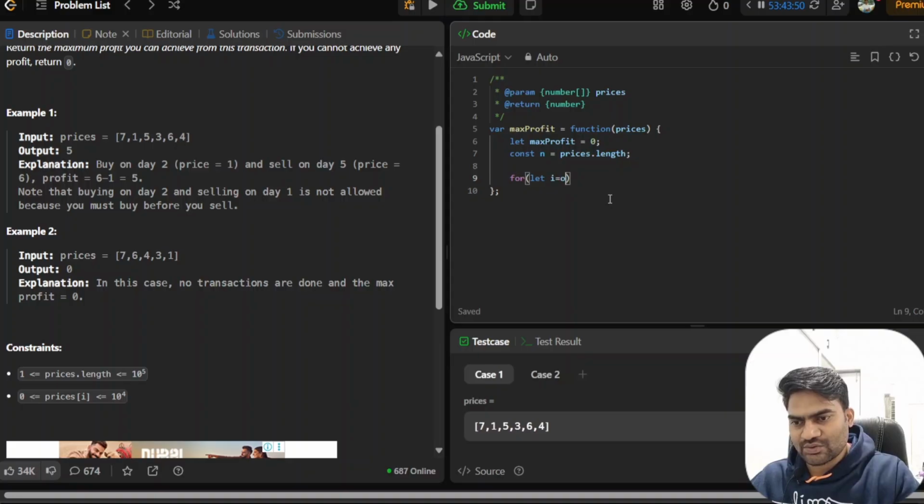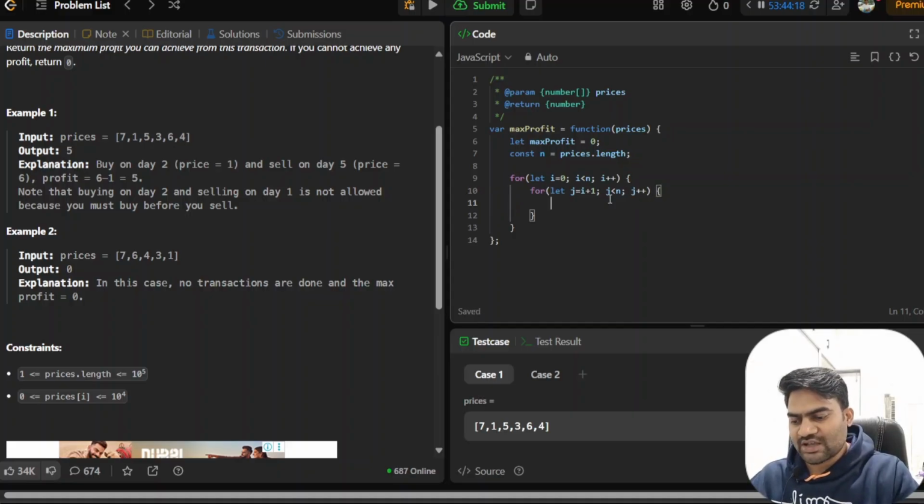Let i equal to 0, i less than n, i plus plus. Then I will take one more loop, let j equal to i plus 1, j less than n, j plus plus.